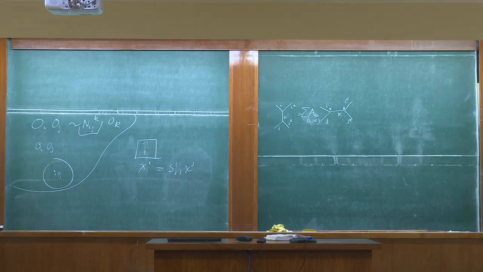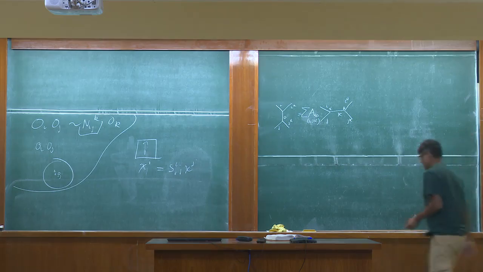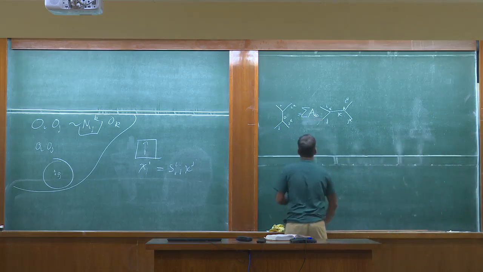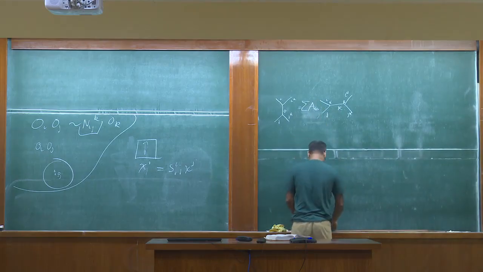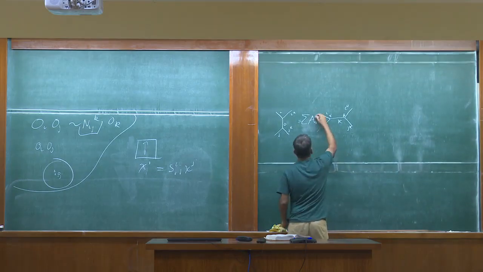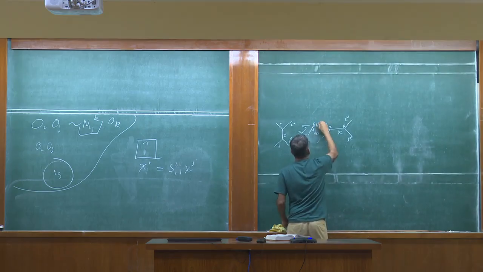Okay? But here each side of the fusion involves a non-trivial 3-point function, so it could occur many times. Clear? Okay. So let's keep this notation for a little while. I'll call this ijk.